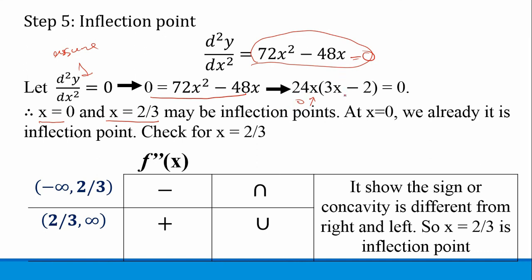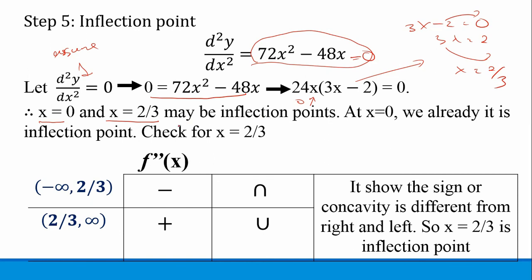And when the inside of the bracket becomes 0, the overall will become 0. Move the 2, move the 3. Okay, you get x equal to 0 and x equal to 2 over 3.